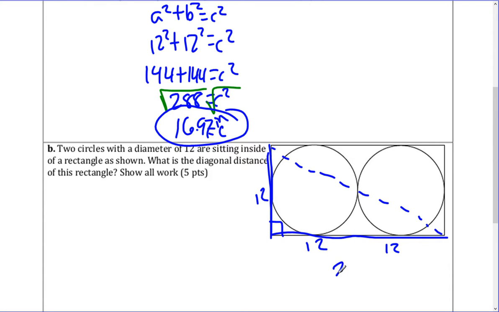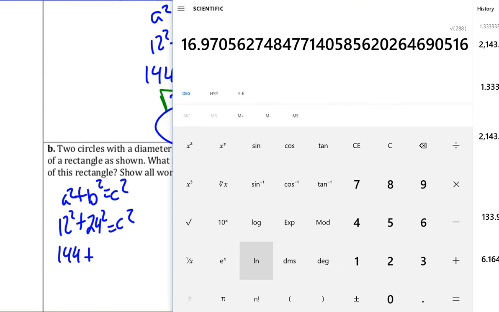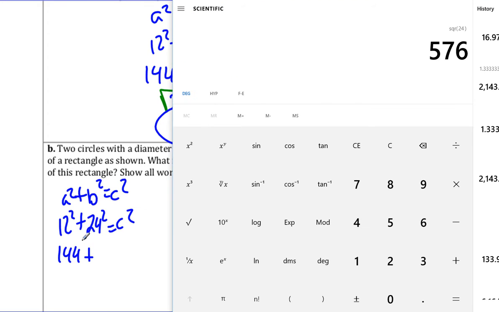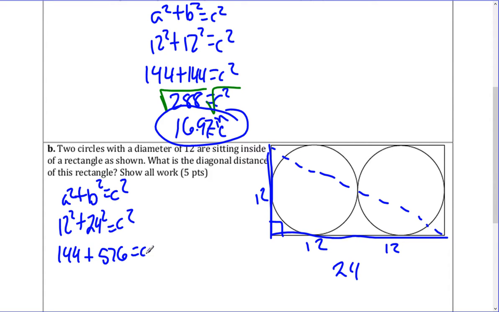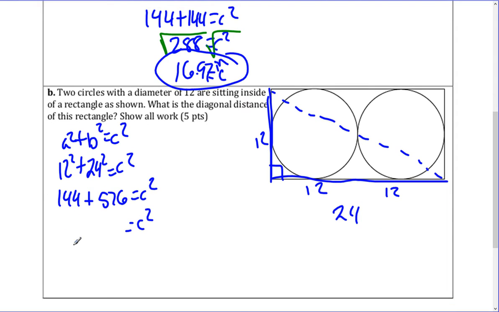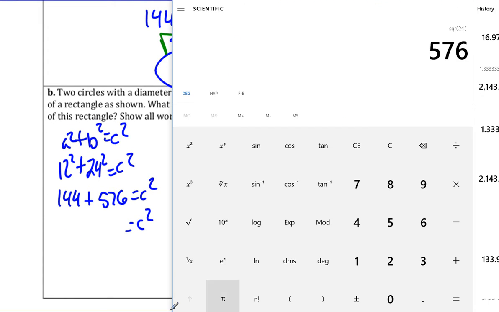So I'm just going to go into speedy math wizard mode, and here I go. A squared plus b squared equals c squared. 12 squared plus 24 squared equals c squared. 144 plus, what is 24 squared? 576 equals c squared. Let's not do the math in our heads. 576 plus 144 equals 720.